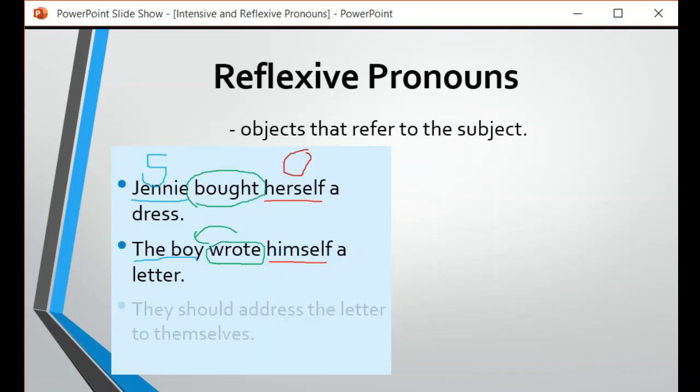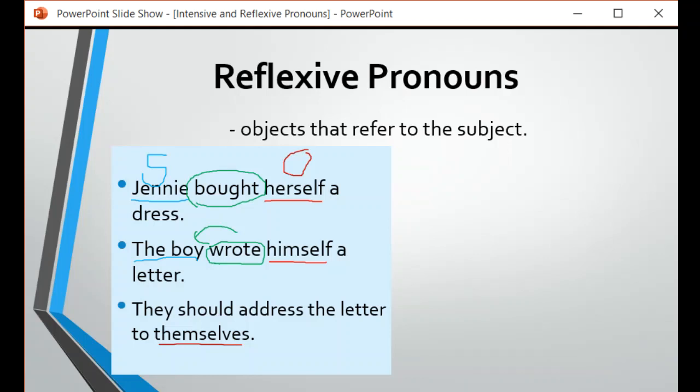Let's move on. As for the next example, you have they should address the letter to themselves. In this sentence, where is the reflexive pronoun? That's right. You have the word themselves. Themselves is plural. Marami sila. Bakit marami?